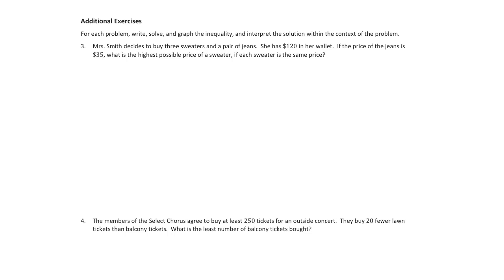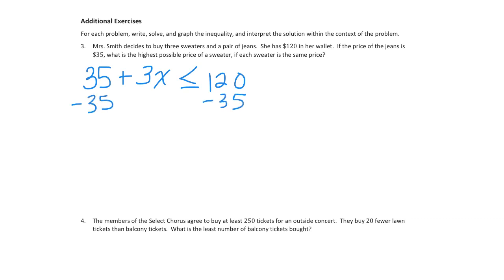So she spends $35 on the jeans, and then 3 sweaters, so 3 times x, and that total has to be less than or equal to the $120 she has in her wallet. The first thing I'm going to do is subtract 35 from both sides, and so 3x must be less than or equal to 85.